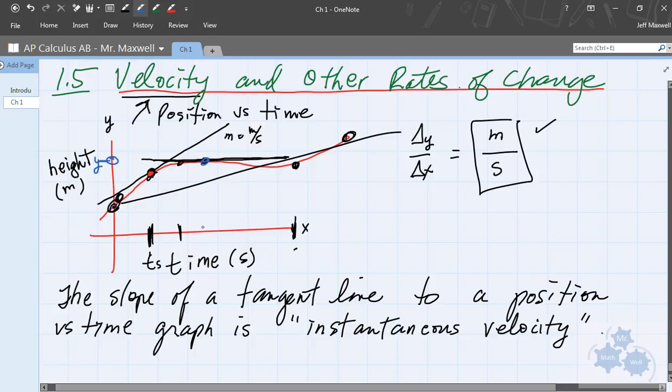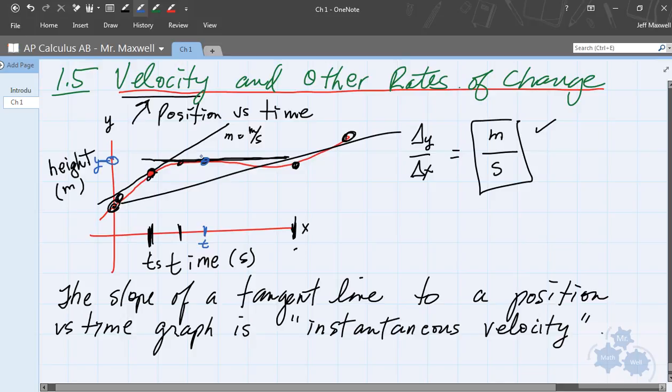Well, if this was time t, then the height would be this y value, but that would just be the height. Remember, the slope of the line is the velocity at that point, so meters per second is the slope. If the line was horizontal, the slope would be 0. So technically at this point, this person or particle is going 0 meters per second.